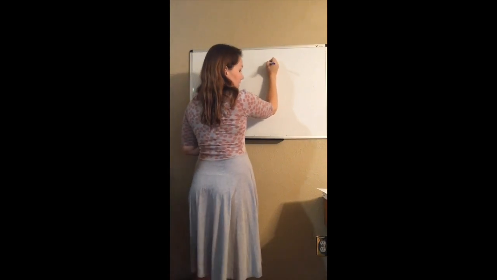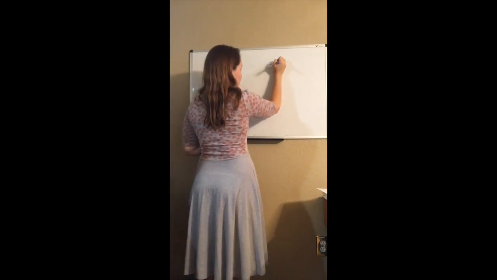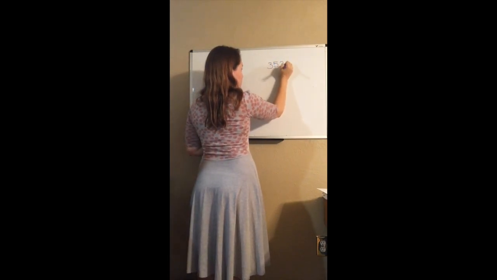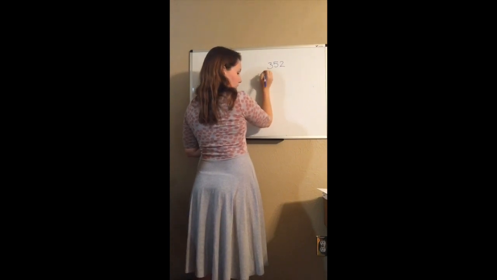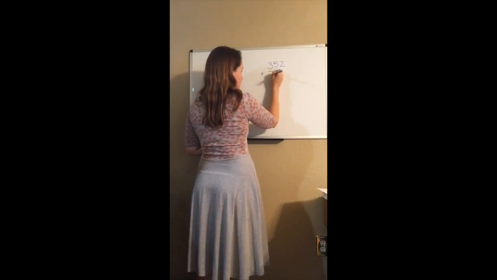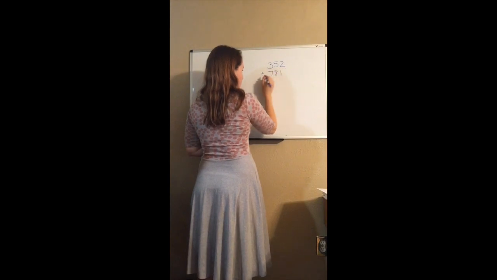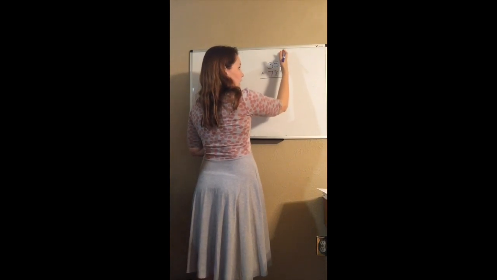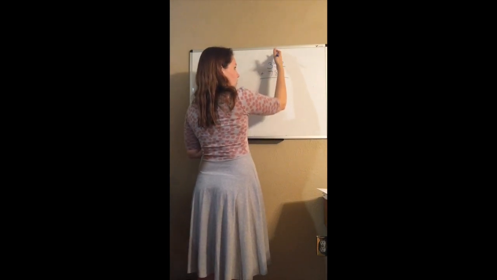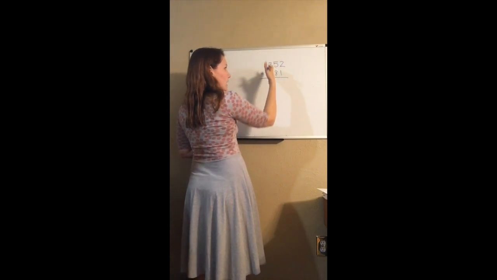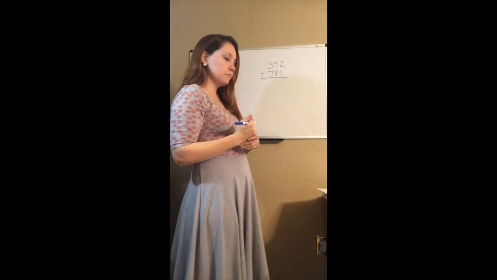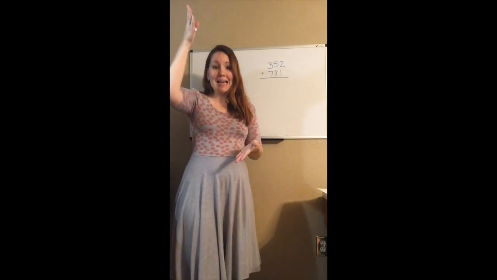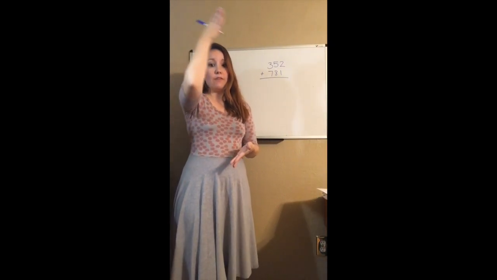So we're going to go ahead and have 352. Keep that one on top, and then we're going to have 781 on the bottom. I'm lining up my 1's place value, my 10's place value, my 100's place value. Once I've done that, I can add down in those place values.